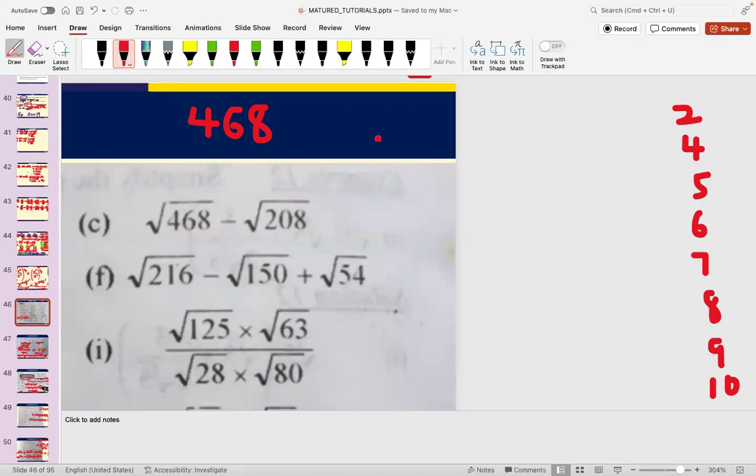Don't start from 25. What you do is 468. If you divide by 10, for instance, you have 46.8, which will not help you. Then you move on.